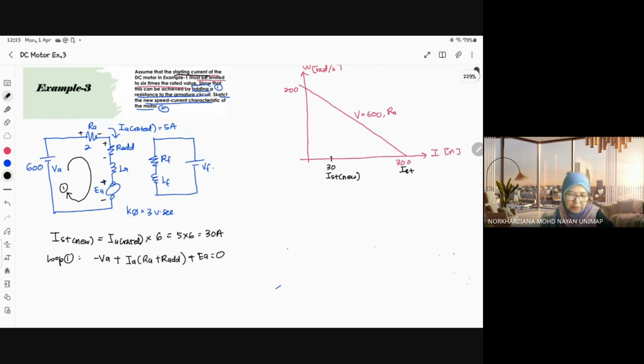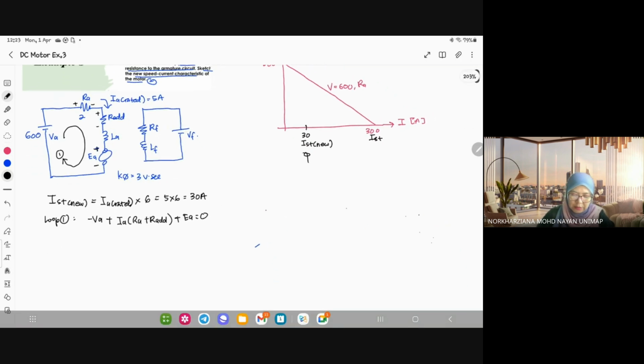Now you want to find the value of RX. You need to find this RX that can give a starting current of 30 amp. That is your task.